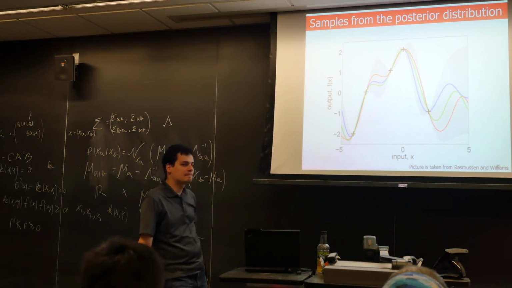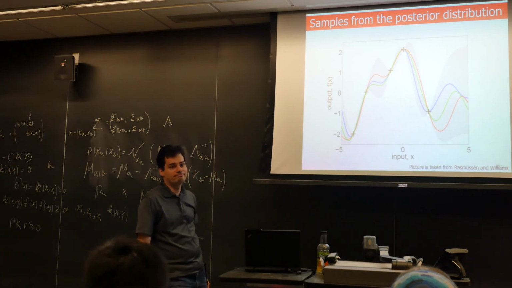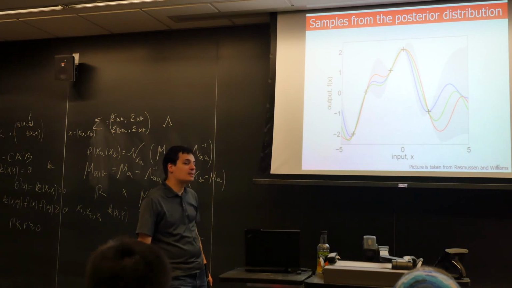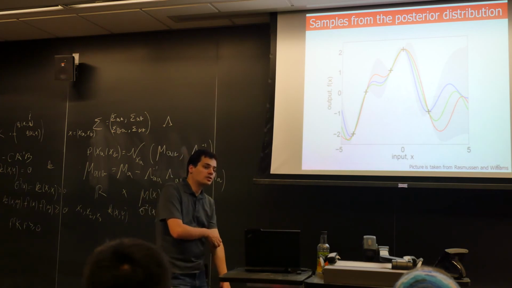Yes? Do I really want to have zero variance at the sample? Very good point. Do I want it or don't I want it? In some cases you want it, in some cases you don't. It's your choice what kind of Gaussian process you want to learn.